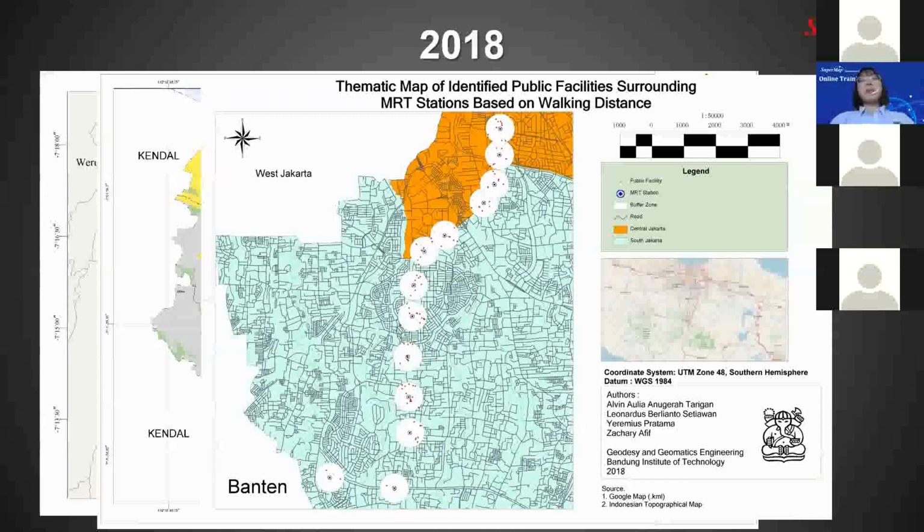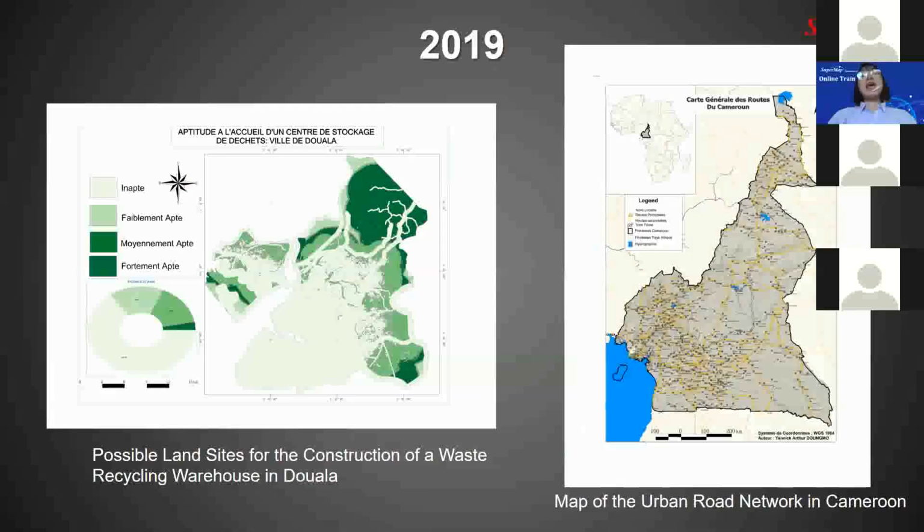Using buffer analysis. So the theme of this work is about Indonesian cities development, and here are two works from African students. One is about land sites for the construction of the waste recycling warehouse in Douala.